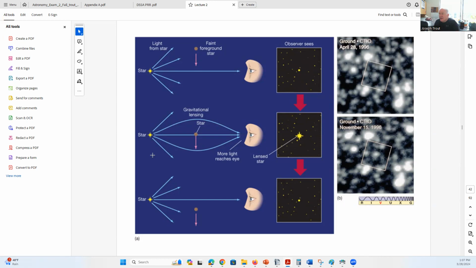So let's say we're looking at a star, and let's say we look at the light from the star, and all of a sudden something comes and gets in the way. Sometimes we can still see the star, because we get this gravitational lensing, and actually the star will look brighter, right?